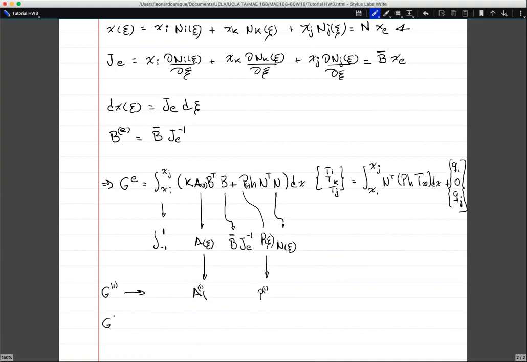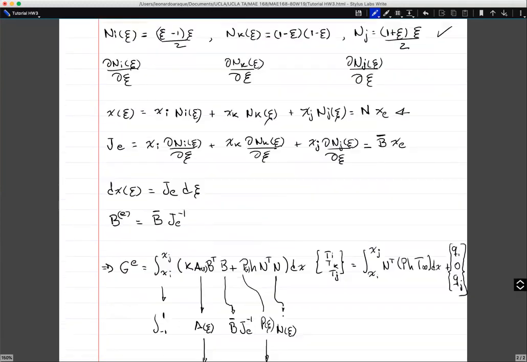And G2 will contain information for element 2. What is that information? It's just the location in the global coordinates of the nodes i, j, k.